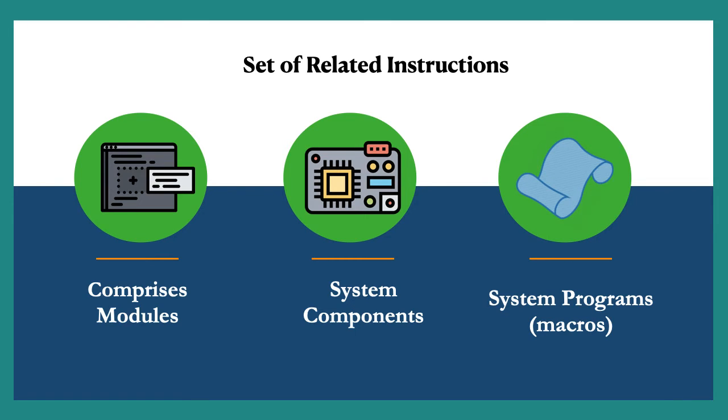In z/OS operating system, there is a set of related instructions, and this group of related instructions is called a routine or module. A set of related modules that make a particular system possible is called a system component.